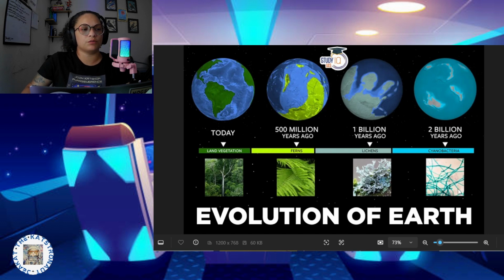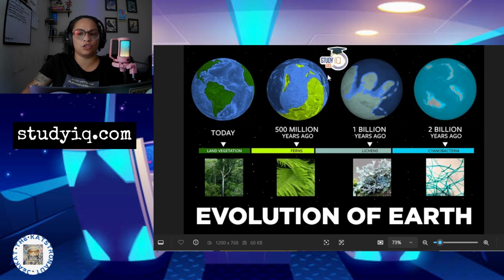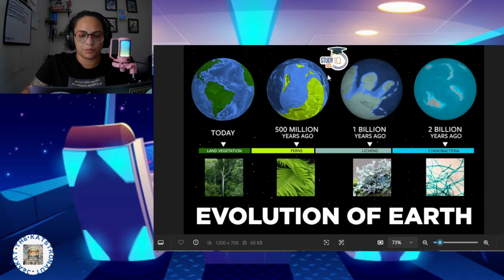It looks like there was a lot of cyanobacteria during this portion, and this image comes from studyiq.com. All of the links will be posted as well, so if anybody wants to go back and look for themselves, go ahead. And so this is the little islands. Again, this is just a representation, but there's pretty good evidence for a lot of this placement.